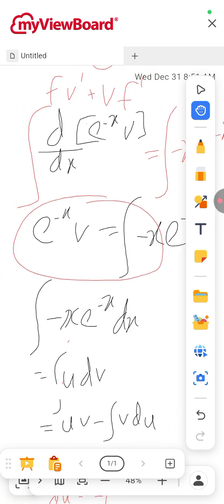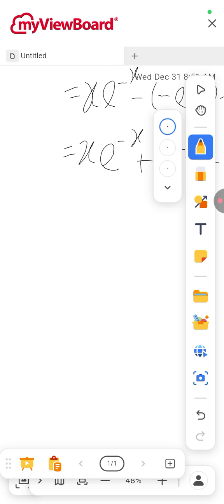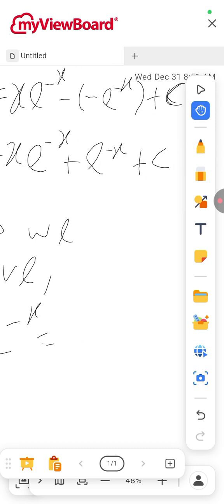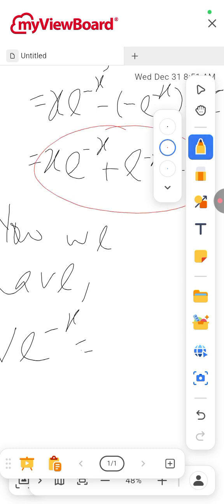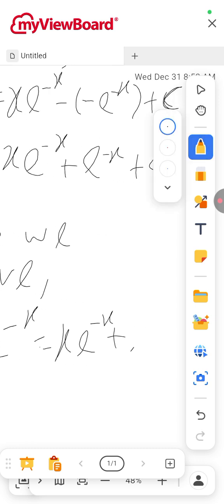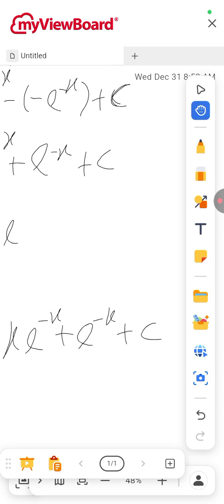So that means v times e raised power minus x is equal to the integration I just did. So now we have v times e raised power minus x equals the result we got here, equals x times e raised power minus x plus e raised power minus x plus c. Okay, so that's what we have.